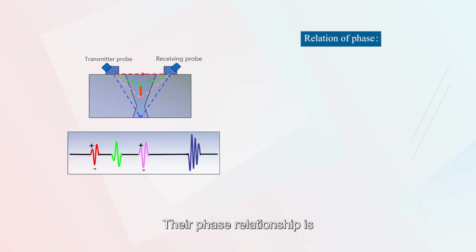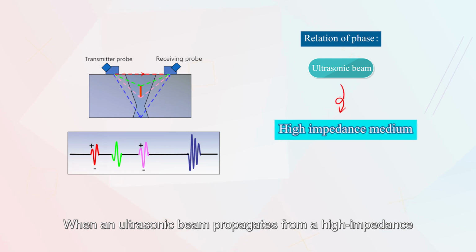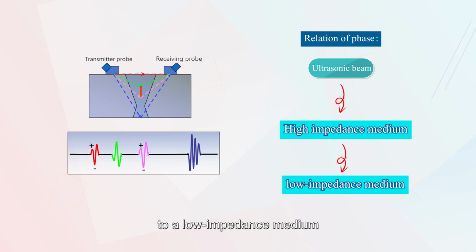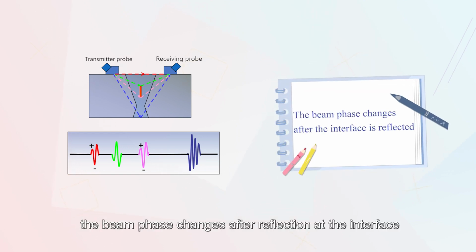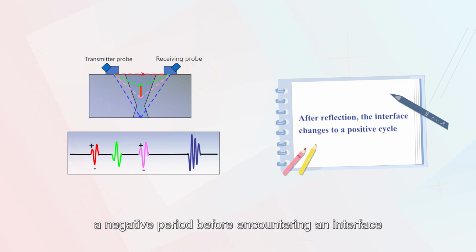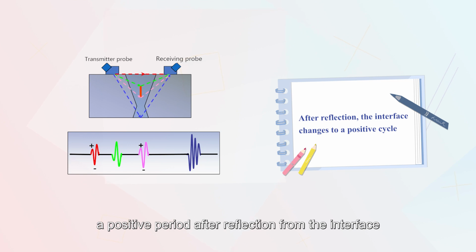Their phase relationship is this: when an ultrasonic beam propagates from a high impedance medium to a low impedance medium, the beam phase changes after reflection at the interface. If the beam is in a negative period before encountering an interface, it transmits to a positive period after reflection from the interface.